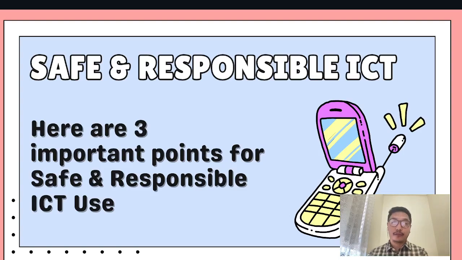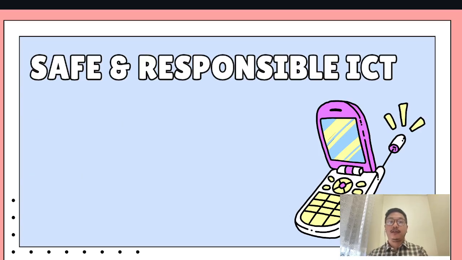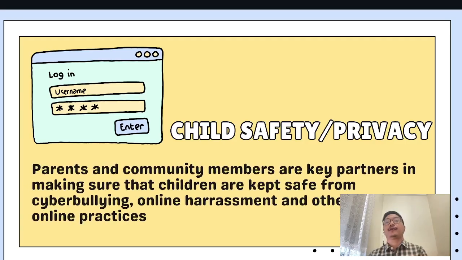Here are 3 important points that I'd like to share, which you can use to bring changes in the way they interact with ICT. The first one is safety and privacy.